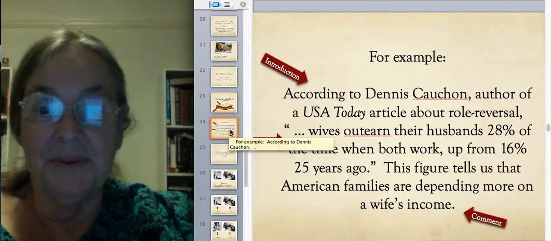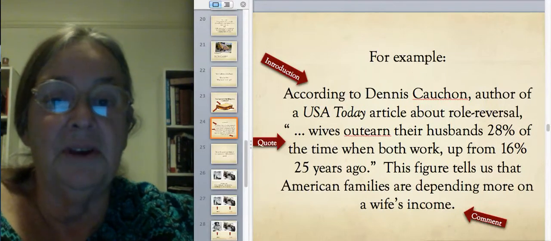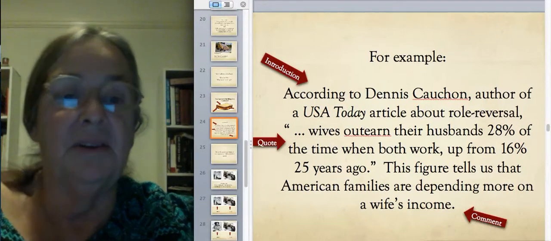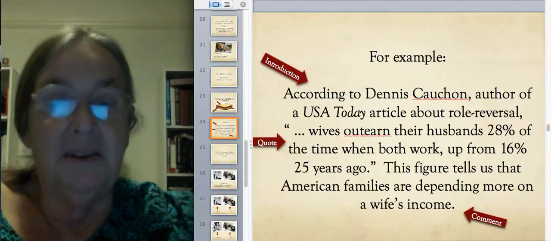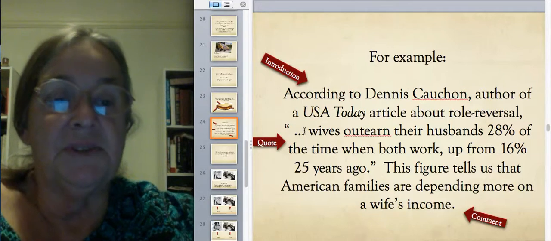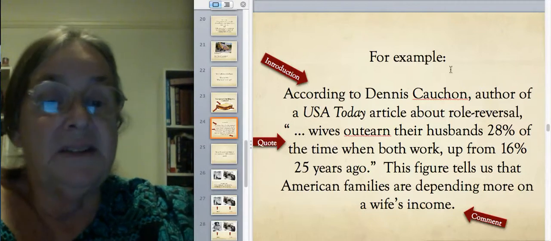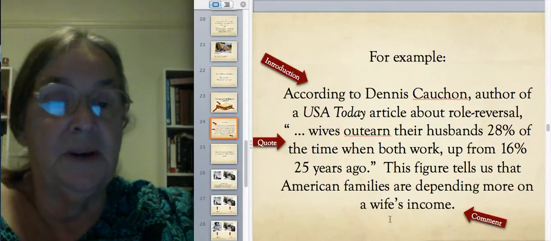Here's an example. According to Dennis Cauchin, author of a USA Today article about role reversal, and here you begin your quote, "wives out-earn their husbands 28% of the time when both work, up from 16% 25 years ago." And then I say something about what this means or why I'm quoting.